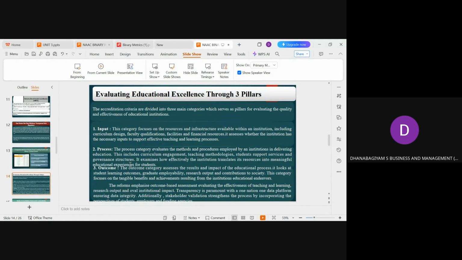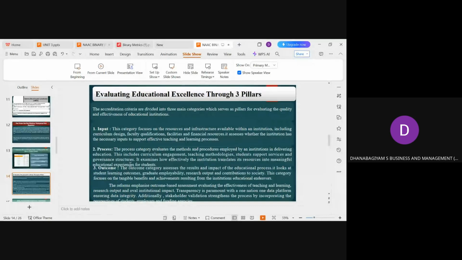So this comes under the input criteria. Here, how do we design the syllabus, whether it is an autonomous institution, a university, or an affiliated institution?